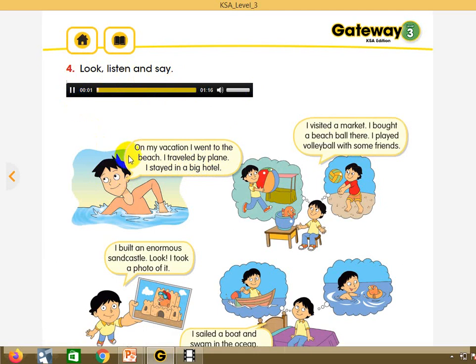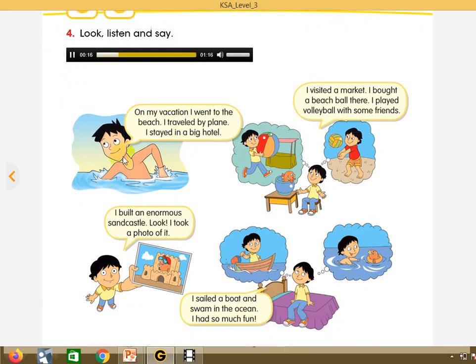Track 78, Unit 9, Lesson 1, Activity 4. Look, listen, and say. On my vacation, I went to the beach. I traveled by plane. I stayed in a big hotel. I visited a market.